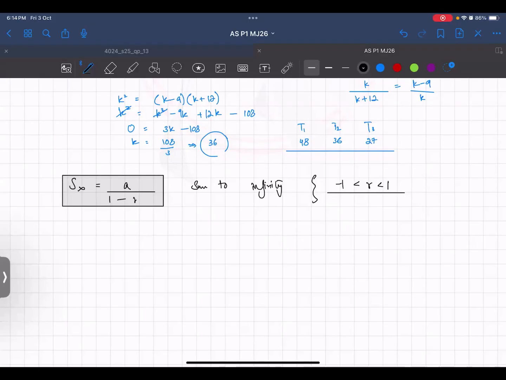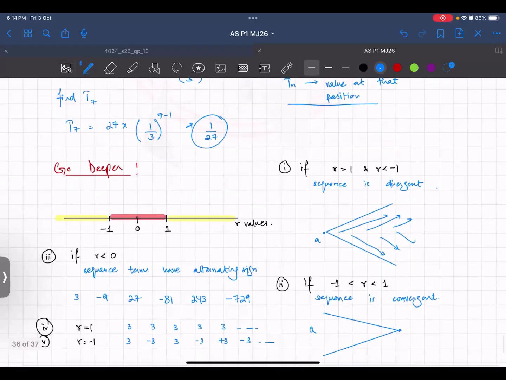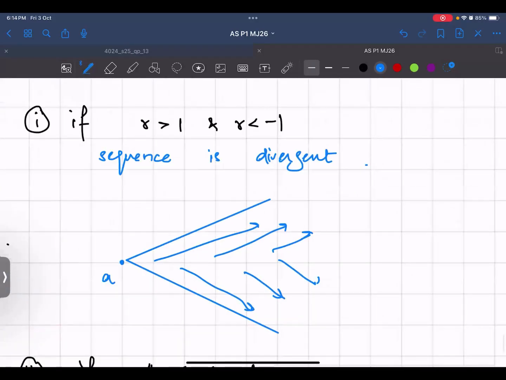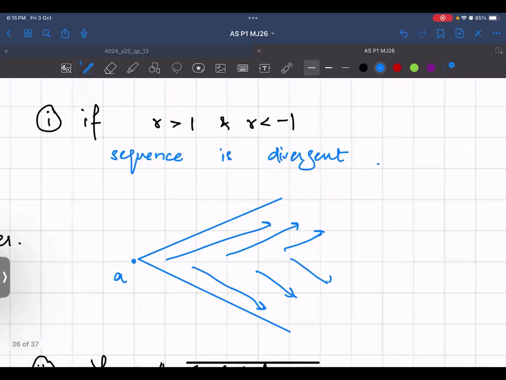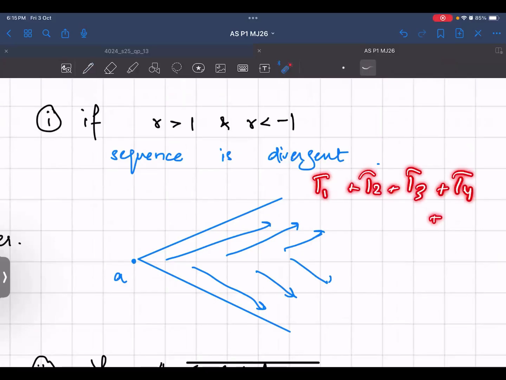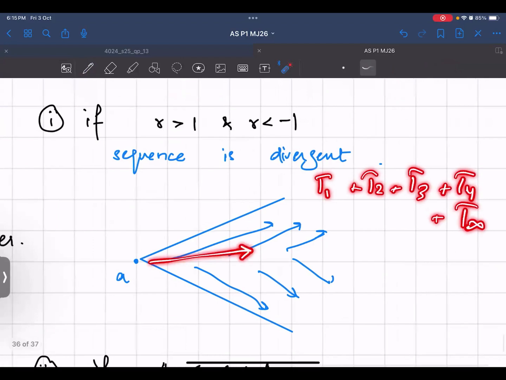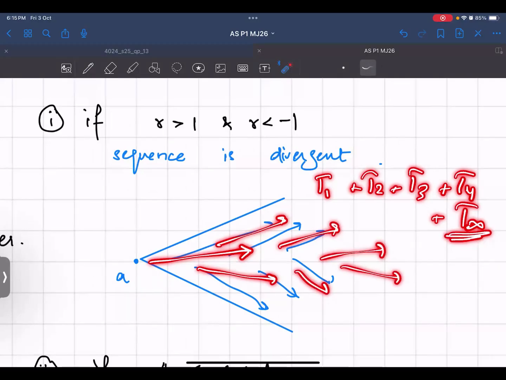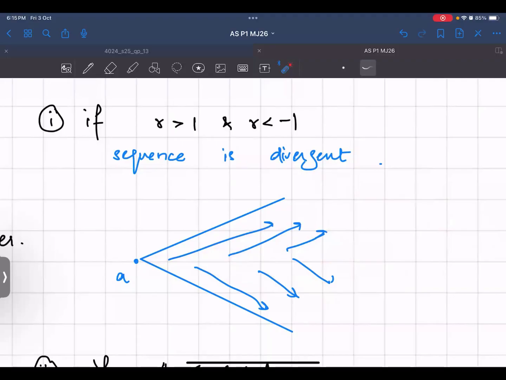It would be infinity. For example, look at the sum of the first n number of terms. This will tell me that I would have to add t1 plus t2 plus t3 plus t4 and so on to infinity. Even if the next number is larger than the previous one, it is not converging, it is diverging. So the sum to infinite number of terms would also be infinity, because you are just adding a bigger number to the previous number.